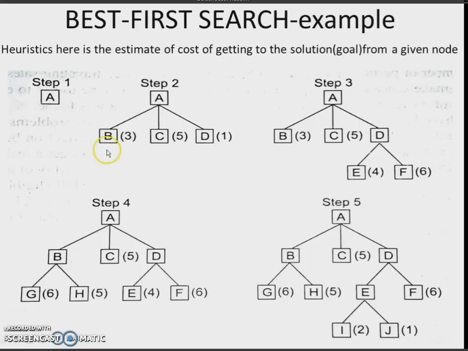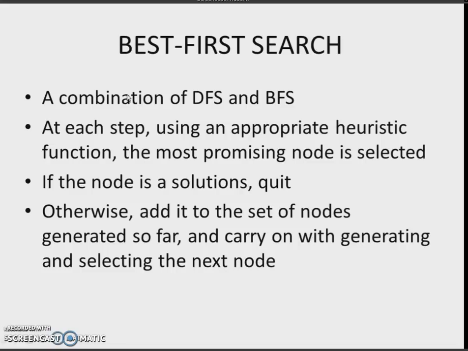You have an example for the best first search here. This is generated from a search tree. You can consider an automated taxi which wants to move from one location to another and it wants to select the lowest cost path. So at step 1, you are at location A, and what do you do next? You check the algorithm at each step. Use an appropriate heuristic function to find the most promising node, right?